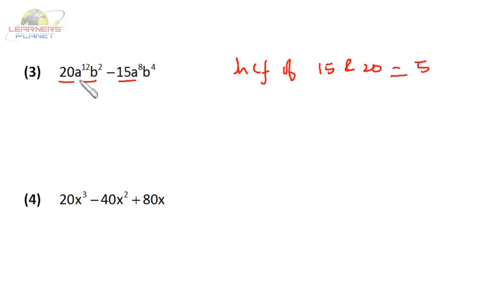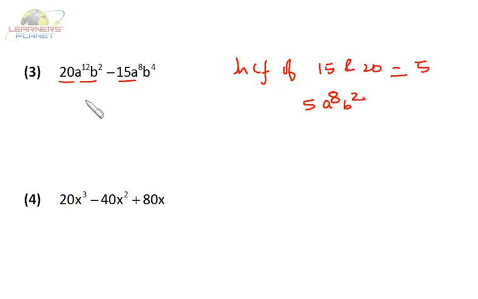So what is the lowest power of a? That is a raised to 8, and b is having the lowest power is square. So finally the HCF of these terms is 5 a raised to 8 b square.